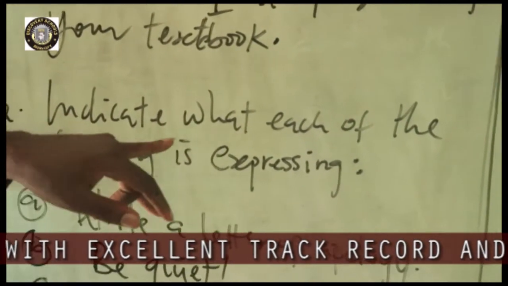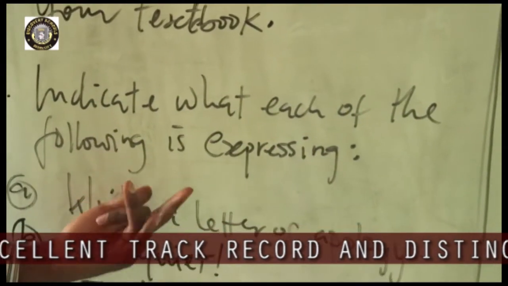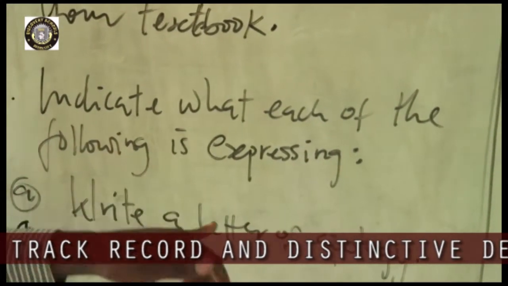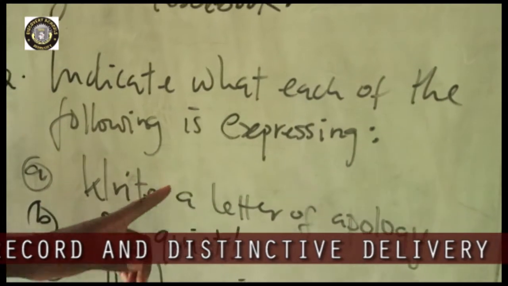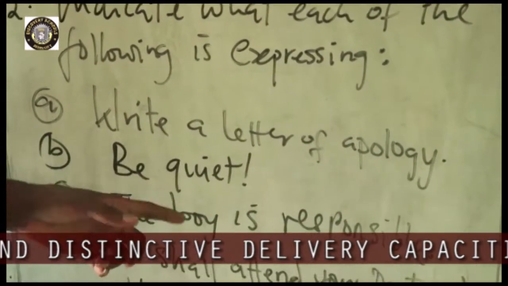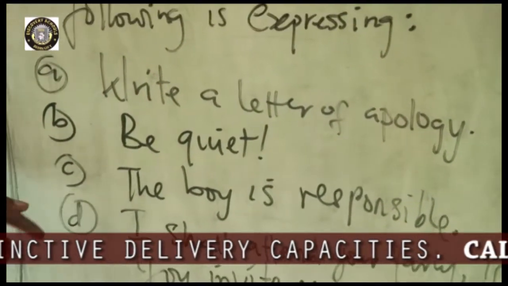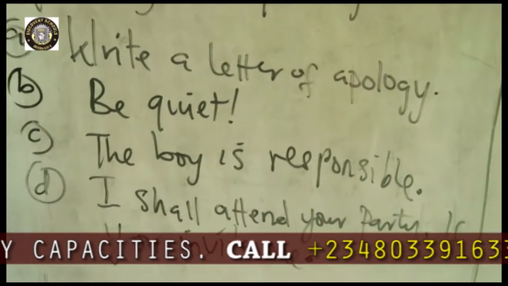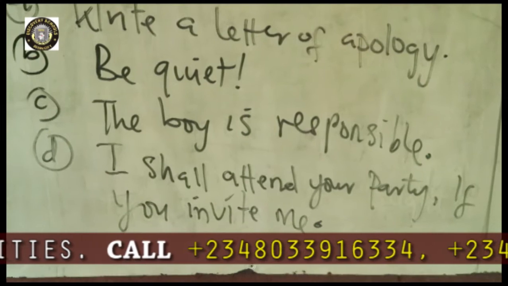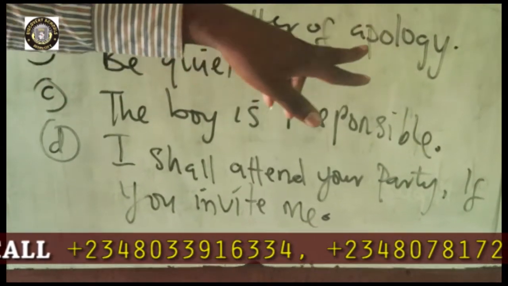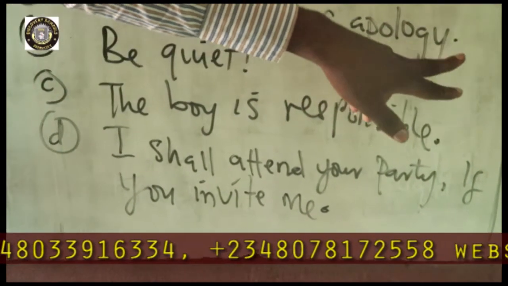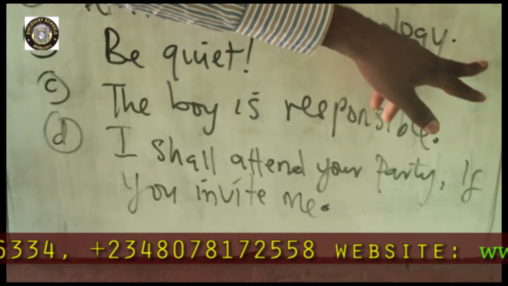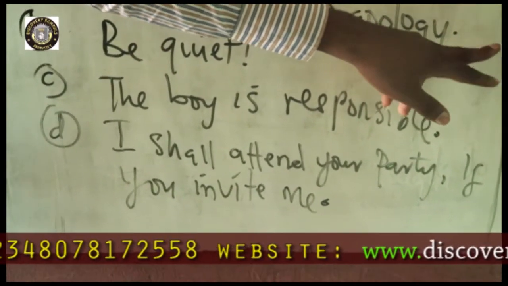Then, number 2, this one is outside your text. So you're going to indicate what each of the following sentences are doing. What each of them here is doing. Is that okay? Each of these sentences from letters A to J, that should be 10. Indicate what each of them is doing. For example, write a letter of apology. Could be a command. Is that okay? It is what? A command.